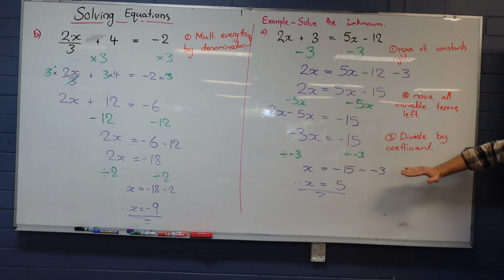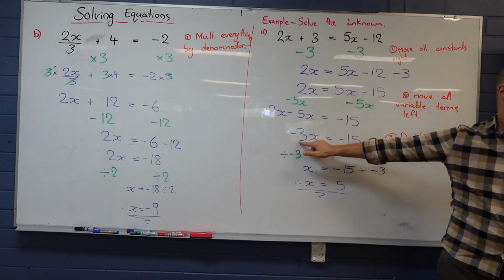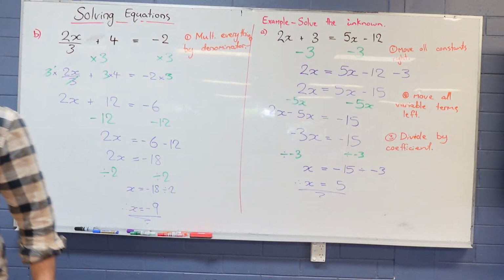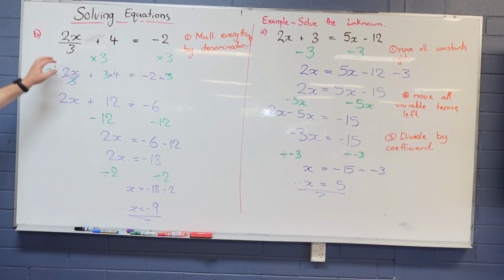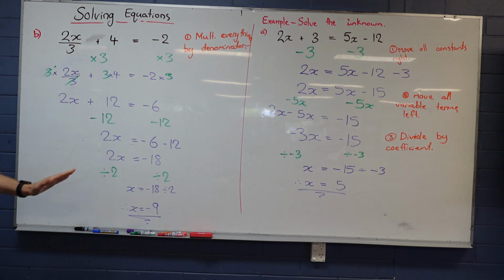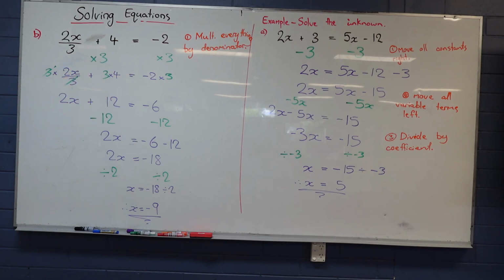And then finally, we divide by the coefficient, the number in front of the unknown. When you encounter slightly trickier problems, where you've got a fraction, all you need to do is multiply everything in the equation by the denominator of the fraction, and it will reduce the complexity of the problem to something more familiar, as seen on the right over there.